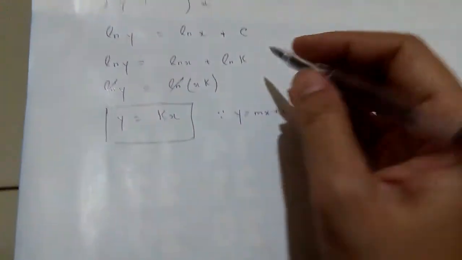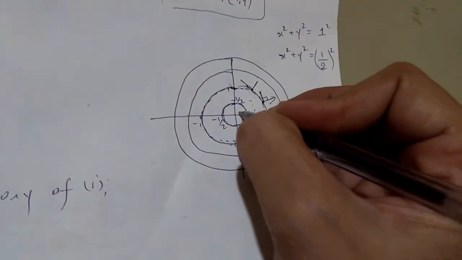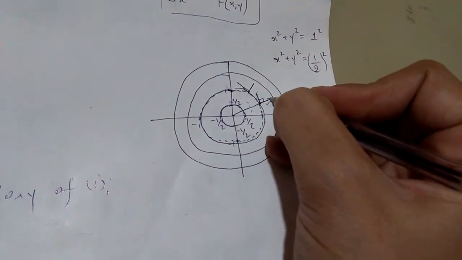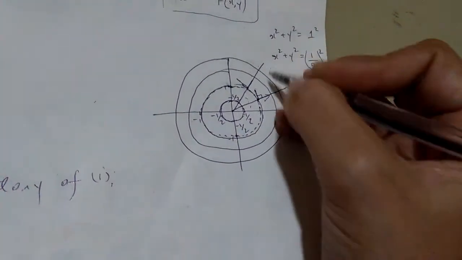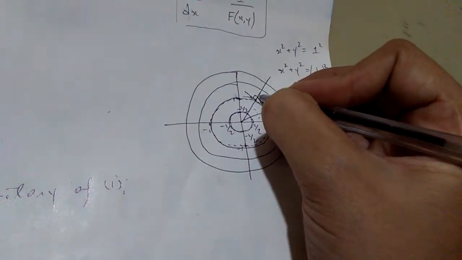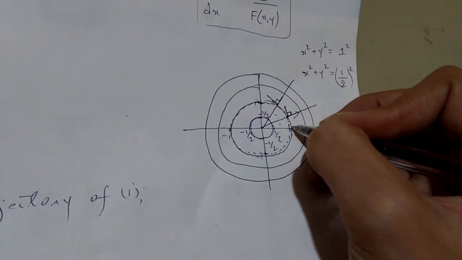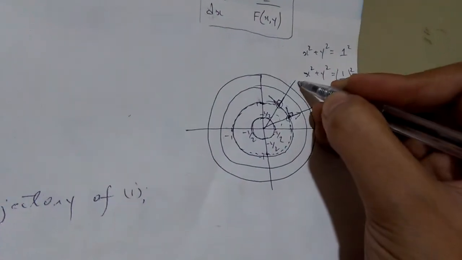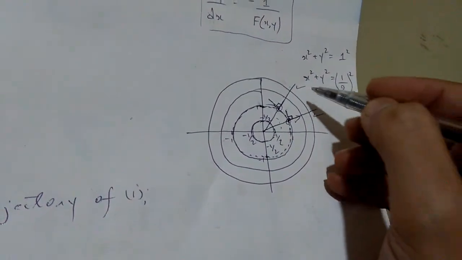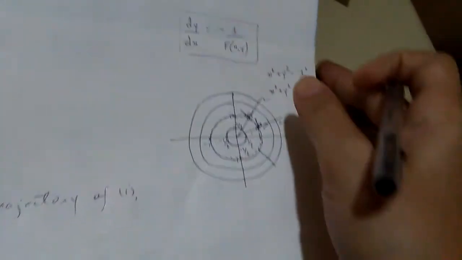All the lines passing through the origin are perpendicular to the tangent of the family of circles at the points of tangency. So these lines are the family of orthogonal trajectories to this family of curves. That's how you obtain the equation of the orthogonal trajectories.